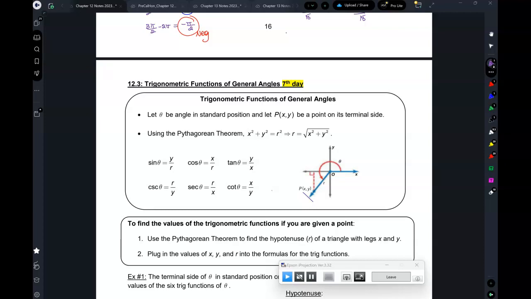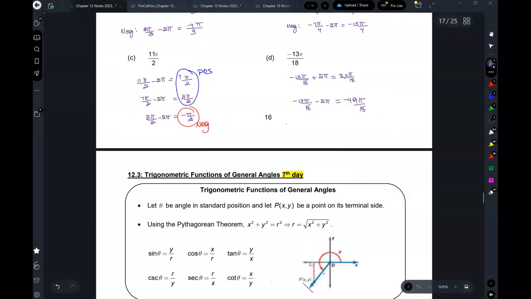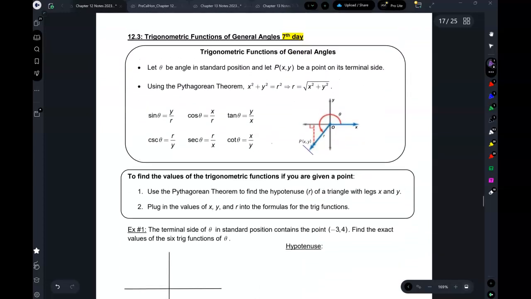So the next step after what we did last time is trigonometric functions of general angles. So what does that mean? Suppose you have an angle. If you have an angle, the terminal side is this blue one here, and suppose it intercepts a point.